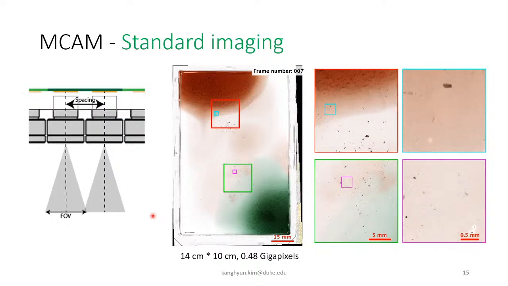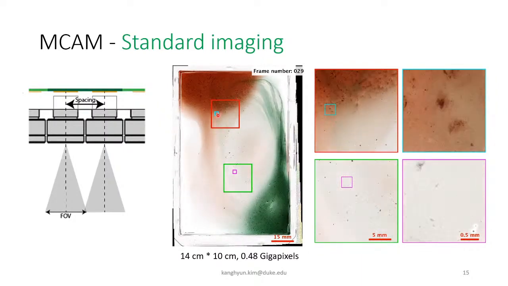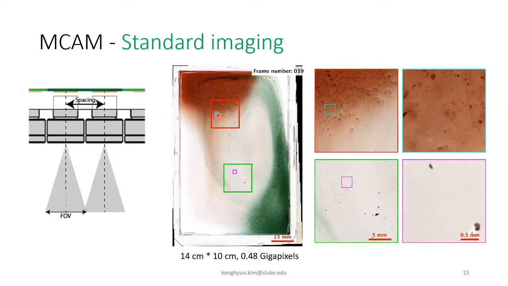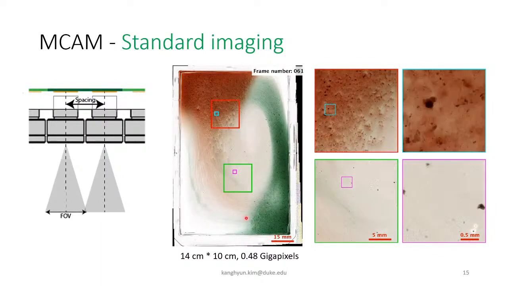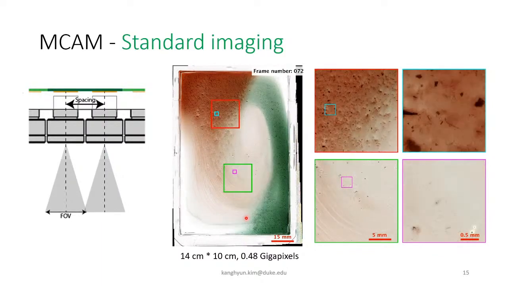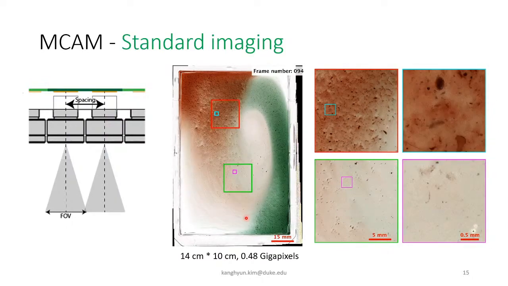To demonstrate the setup, we put red and green inks, which were mixed with a source to add higher frequency features, at the other edges separately. Then we circulated the water with blowing fans and captured images.